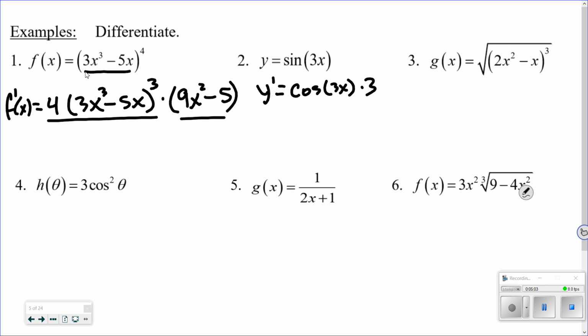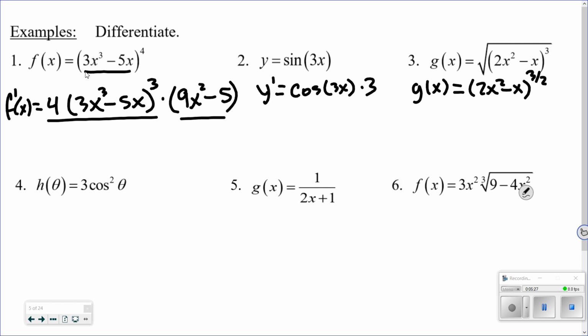Number 3 is a little bit tricky. Write it this way. We've talked about this, but the square root of a cube is the same thing as saying to the 3/2 power. Now my outside function is the 3/2 power.